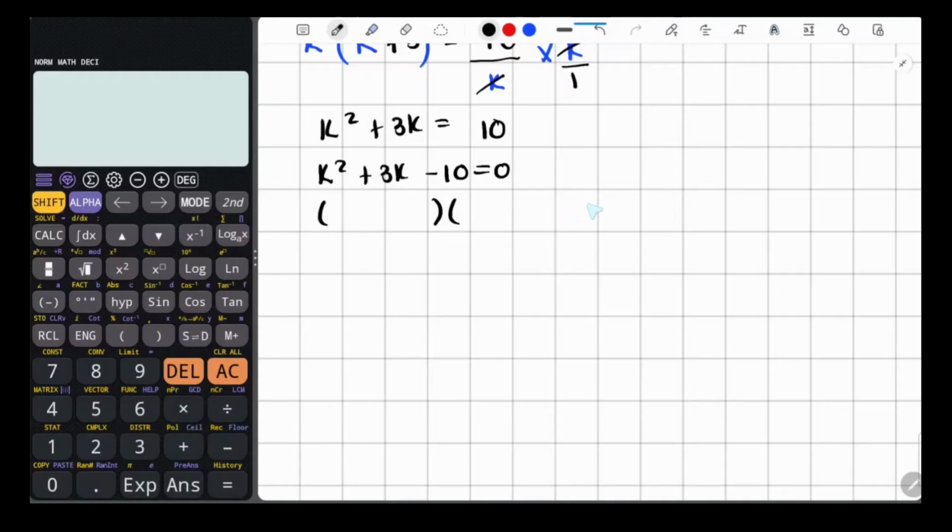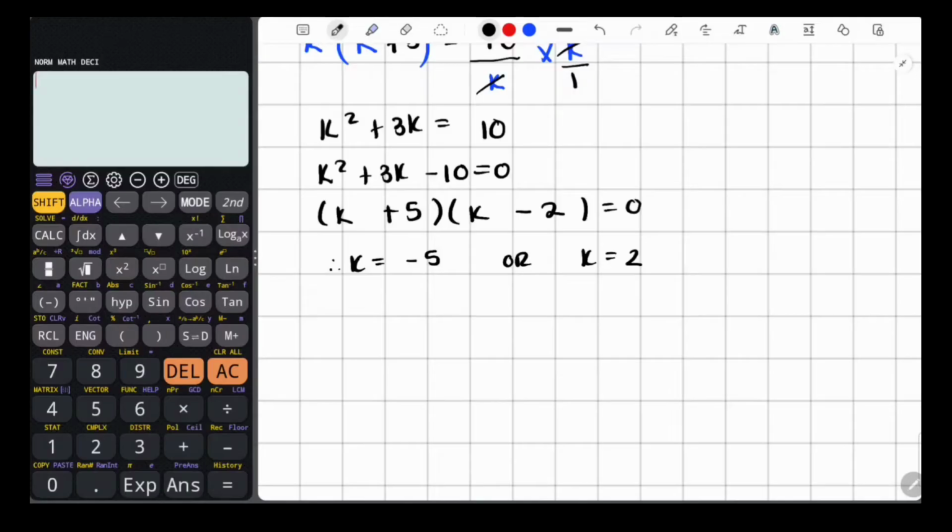So we're going to go ahead and open up two brackets, set equal to 0. We have k and k. Then we need factors of negative 10 that can give us 3, and that will be positive 5 and negative 2. So therefore it means that k is either equal to negative 5 or k is equal to positive 2.